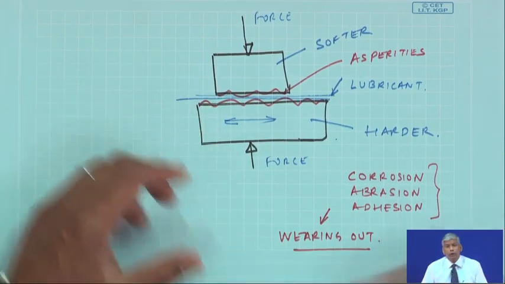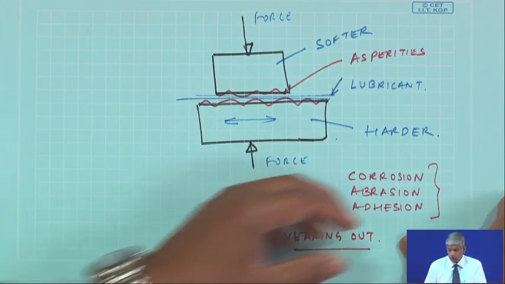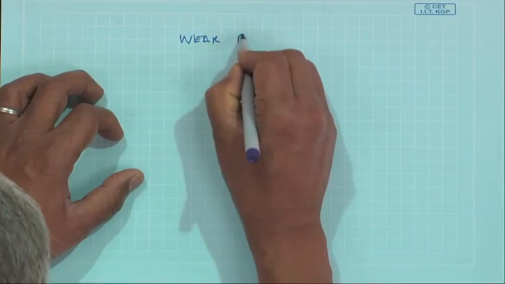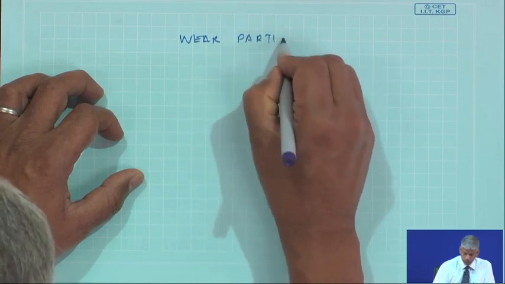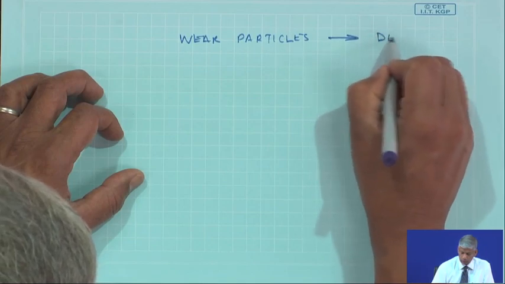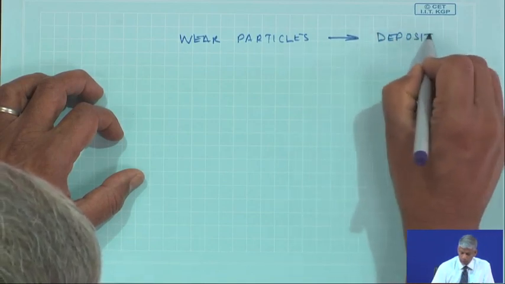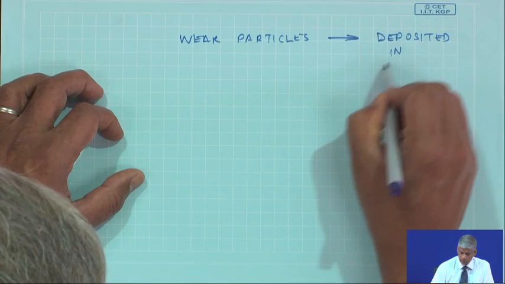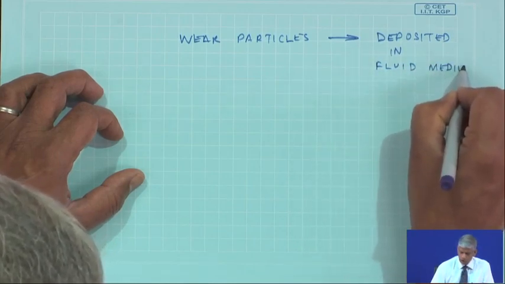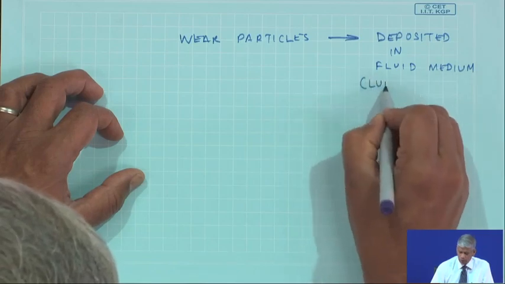So, where do these wear particles go? The wear particles will get deposited in the fluid medium. In this case, the fluid medium is lubricant.